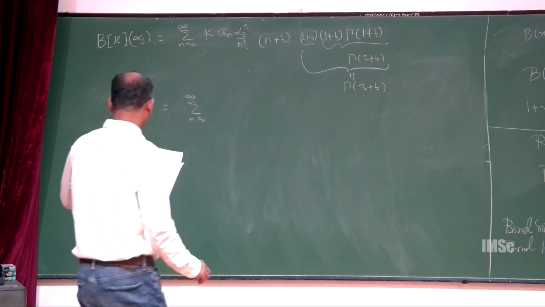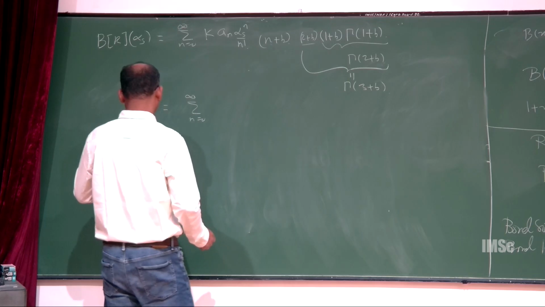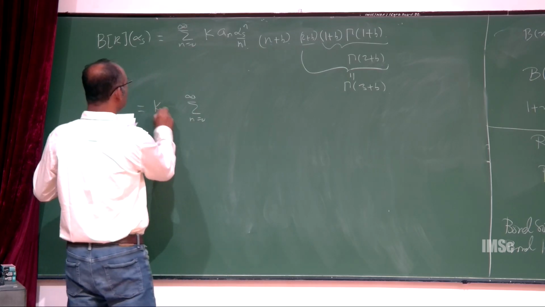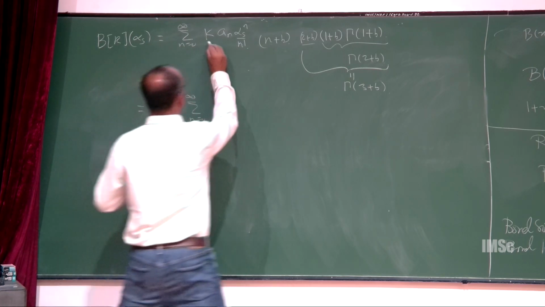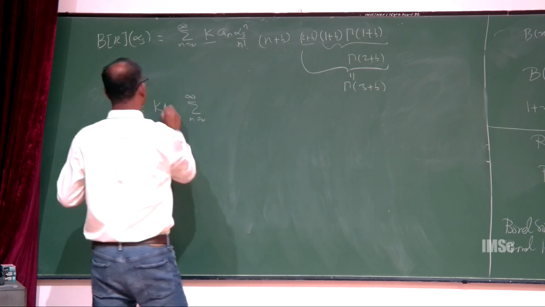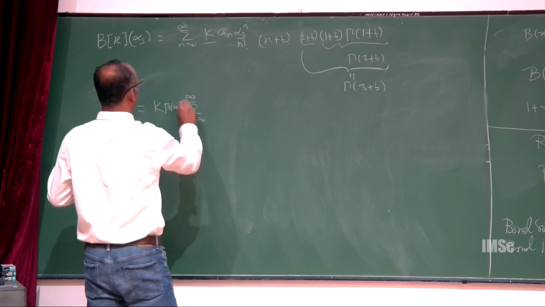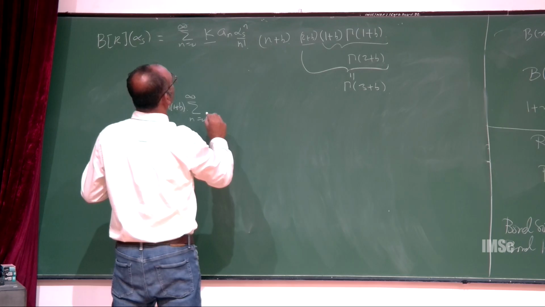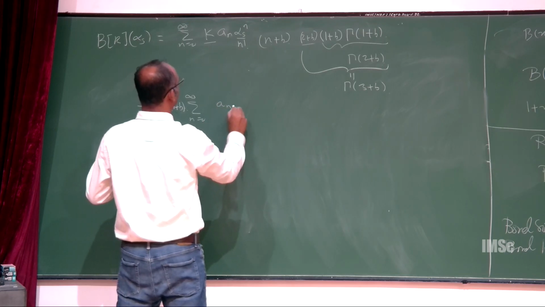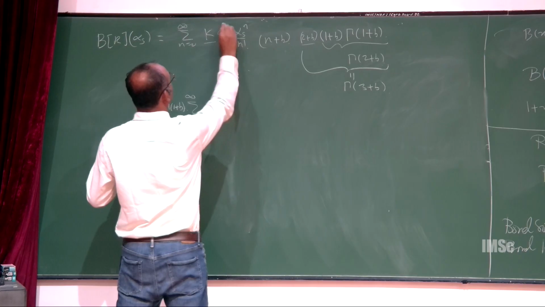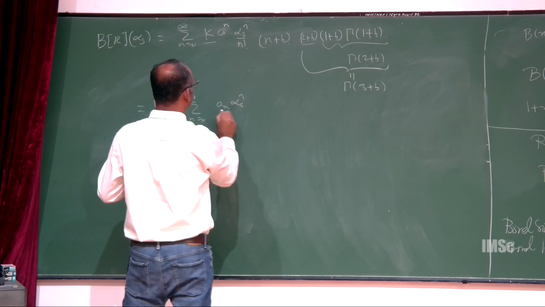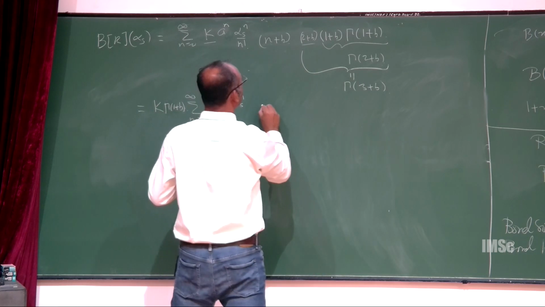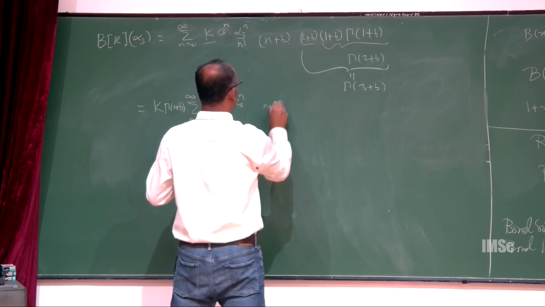So what we have is k times gamma 1 plus b, summation a to the n, sorry, here I think this is what you meant, a to the n alpha s to the n over n factorial, and then n plus b.